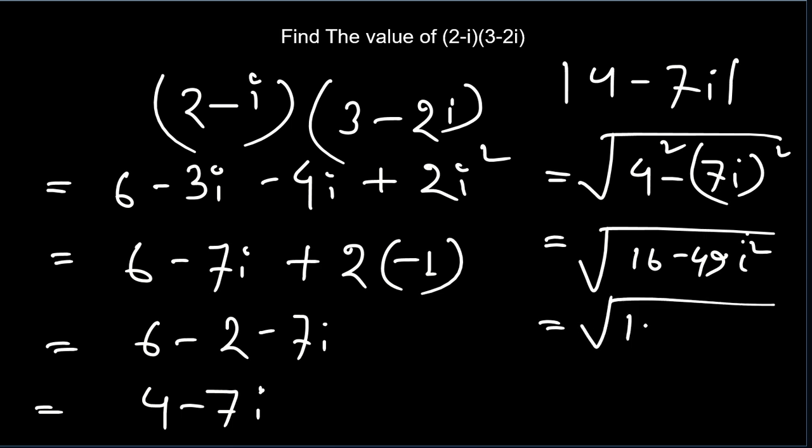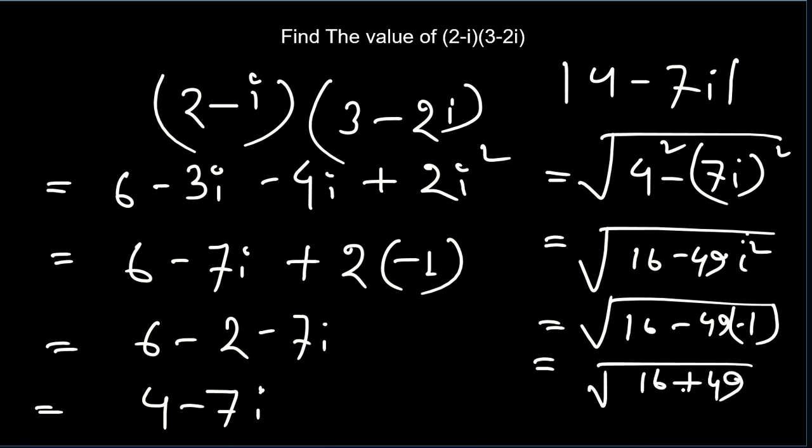So 16 minus 49, and i squared value is minus 1, so it becomes 16 plus 49. So 16 plus 49 equals root over 65. So root over 65 is the answer.